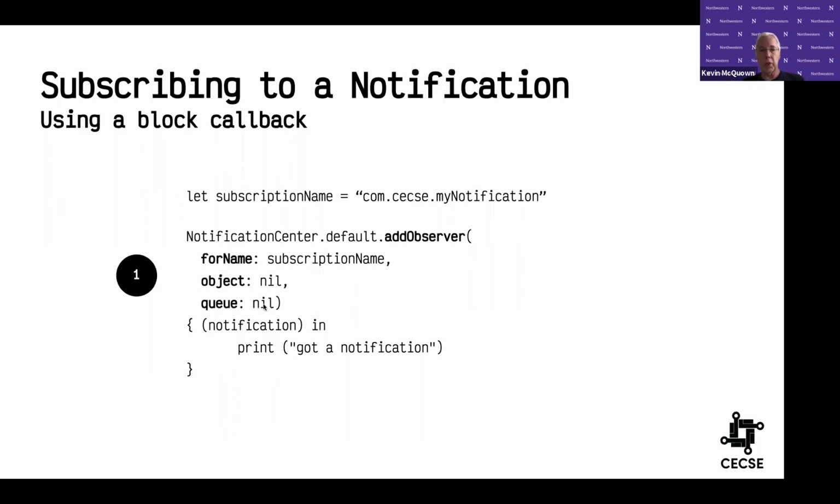And in this case, the queue, you can specify the queue that these come off of rather than the default. We're just leaving it default, so we're saying nil. And then here's the callback right here. So literally you do this bracket, notification is like a parameter getting passed in, and then here's your code right here. So any idea why you think I like this over the other method?